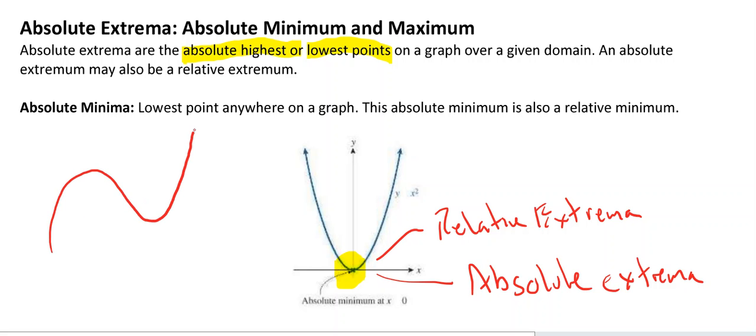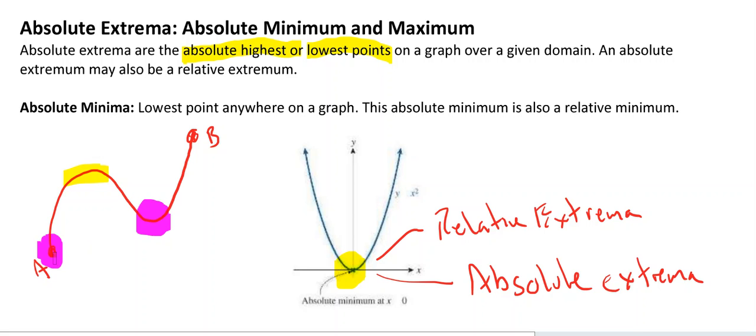And we have a graph that starts at point A and ends at point B. And so we have a relative maximum right here, and we have a relative minimum right here. But we also have point A, which is an absolute minimum. Even though this point right here is a relatively low area for this point on the graph, point A is the absolute minimum.